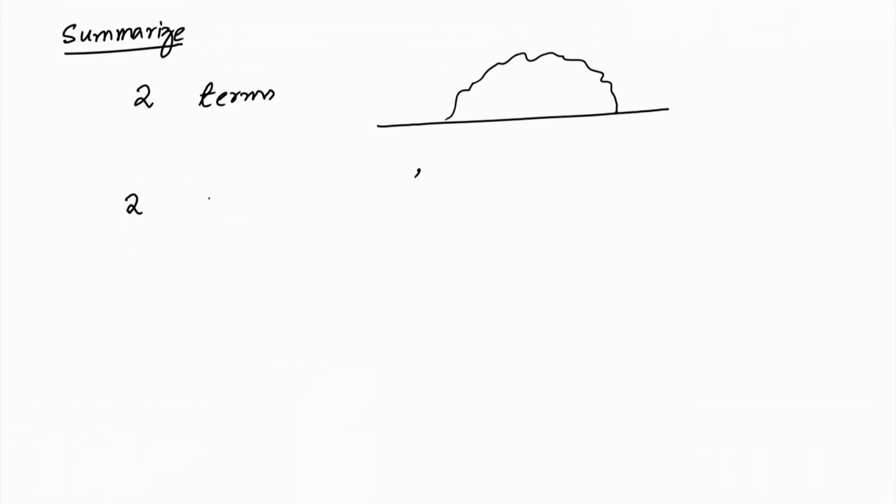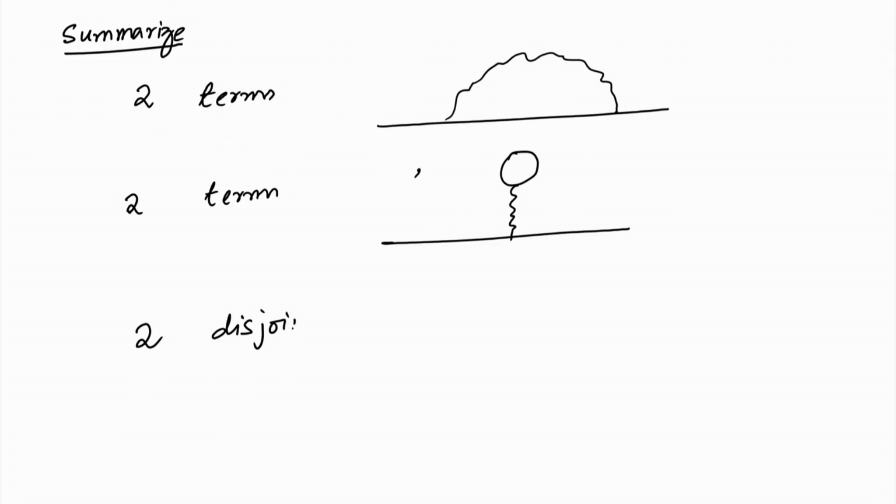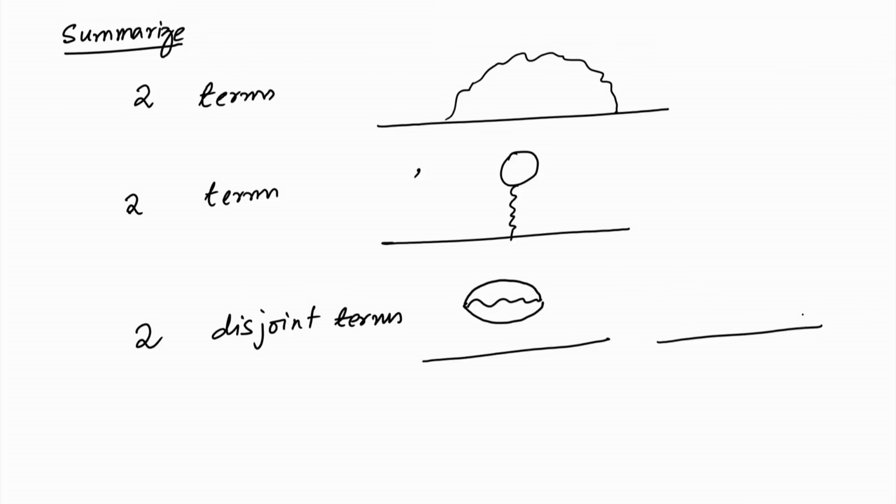Then there are two terms which look like this, and then there are two disjoint terms. One of them looks like this, and the other one looks like this.